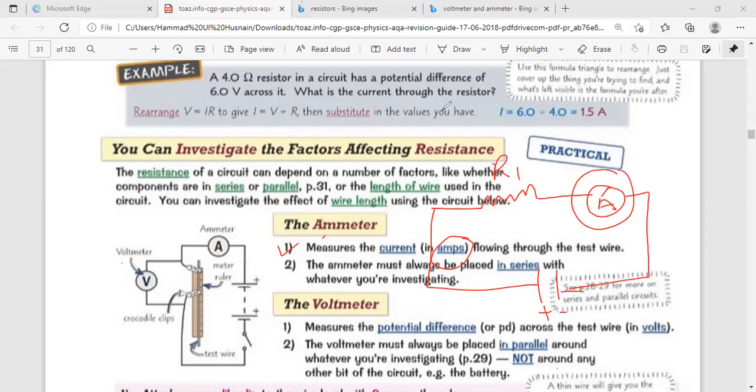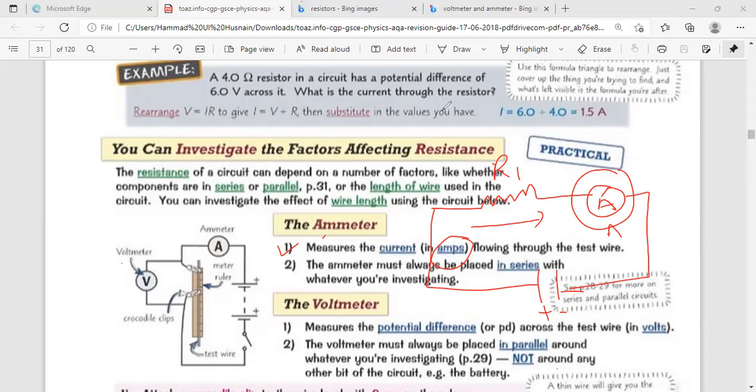If we want to measure the current flowing through this resistor, we connect an ammeter in series. Why did we do so? Because we know that in series the current will be the same. So that's why we connected an ammeter in series with that resistor, or with that wire through which we want to measure the current, right?